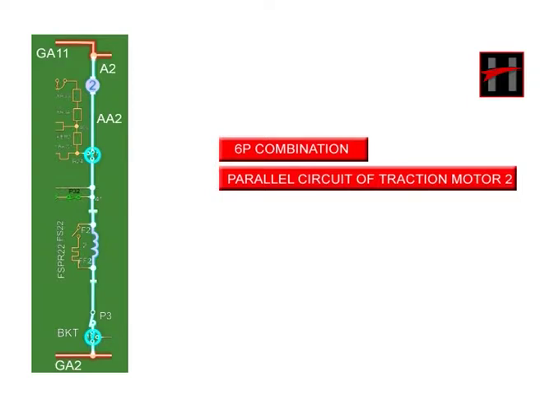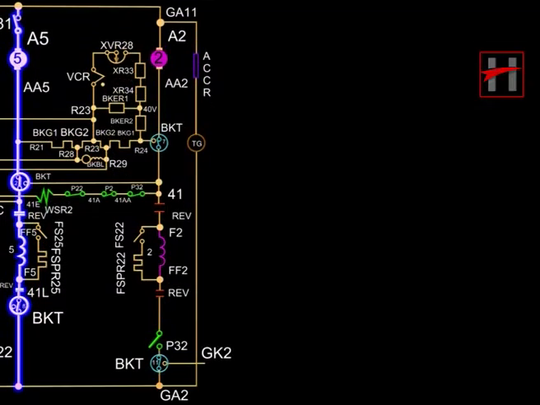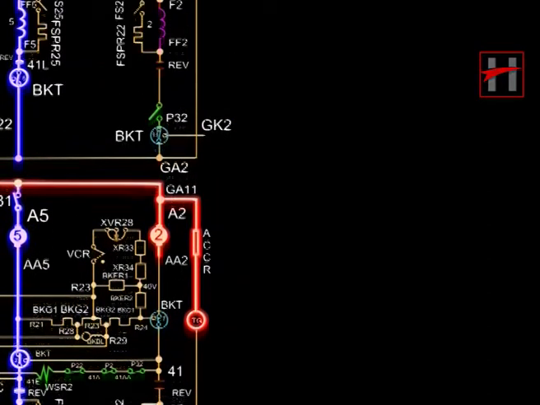The current flow in the parallel circuit of traction motor 2 is as follows. The DC output of the traction generator energizes cable GA11, because of which the traction motor 2 is energized by cable A2.